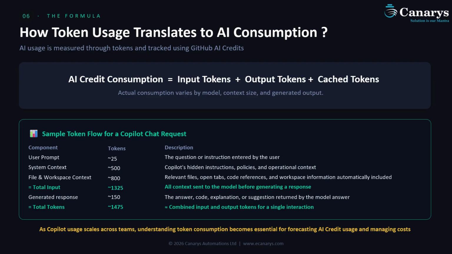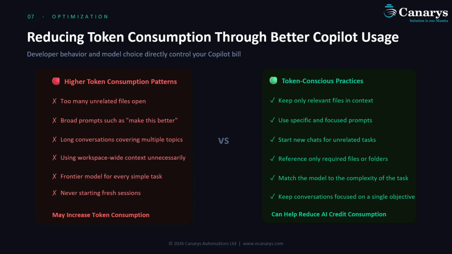If context plays such a major role in token consumption, can teams reduce usage without sacrificing productivity? Let's look at the practices that make the biggest difference. While token consumption is influenced by the amount of context sent to the model, developer behavior plays an equally important role.